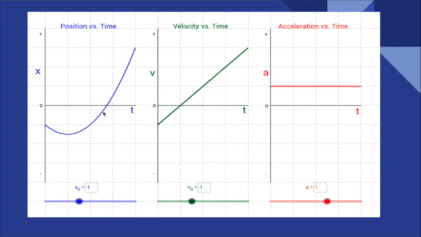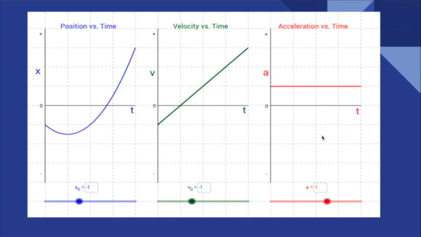Even if you just look at the curve, you would notice that it does get steeper. So the velocity of the object is getting faster, and that is why in this graph the velocity is increasing at a constant rate. Also, you may notice that this looks like a quadratic function, so the derivative of that would be a linear function.